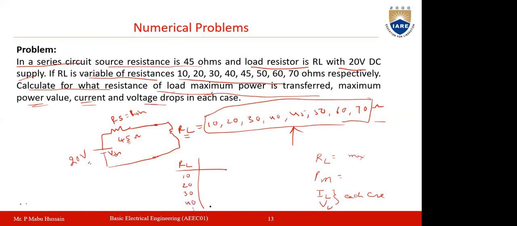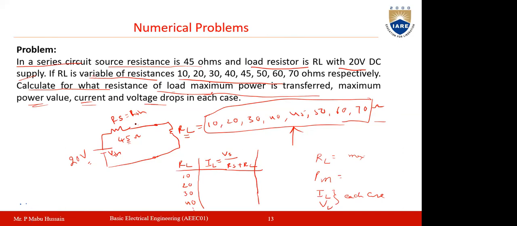Then you find the load current. The load current equals the source voltage Vs divided by the source resistance plus the load resistance. By using this formula you find the load current IL.